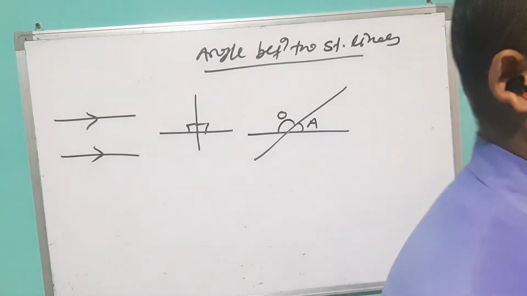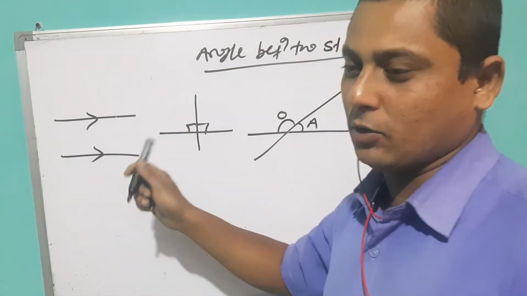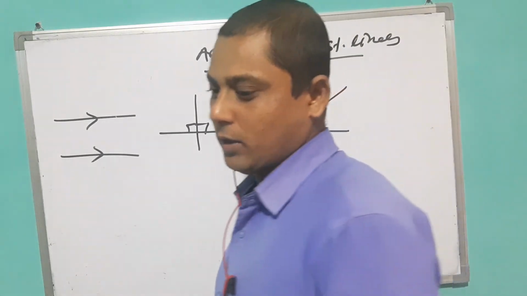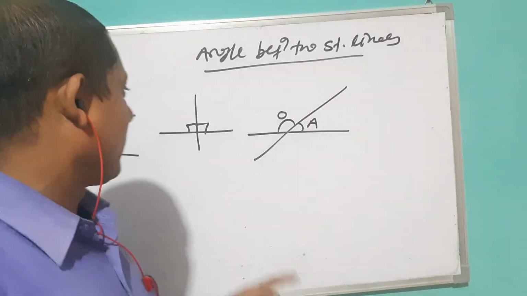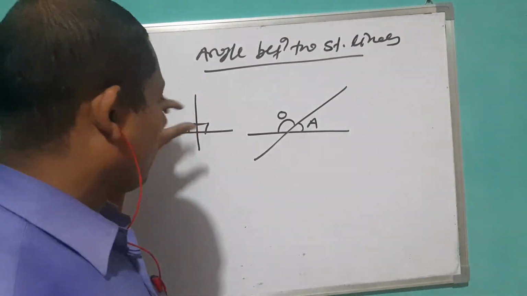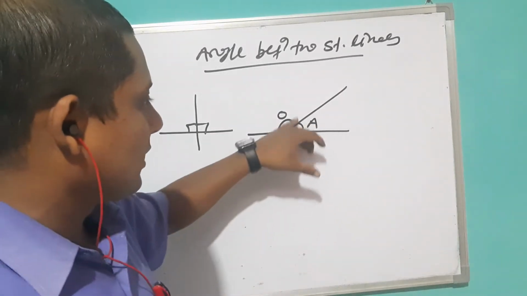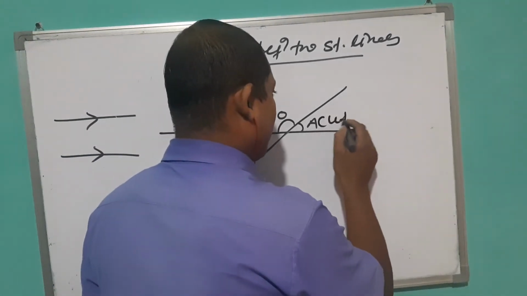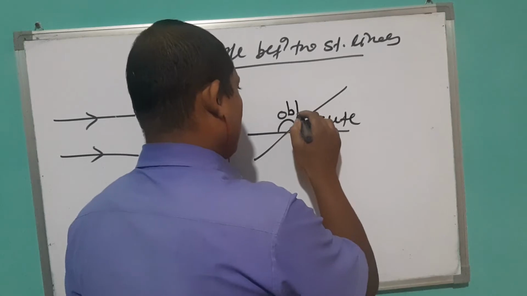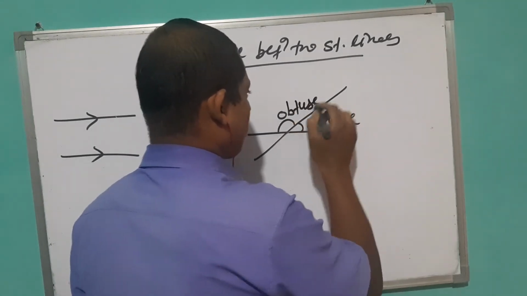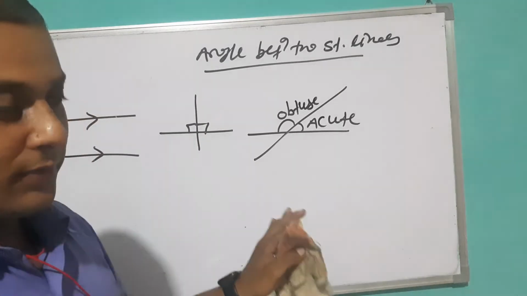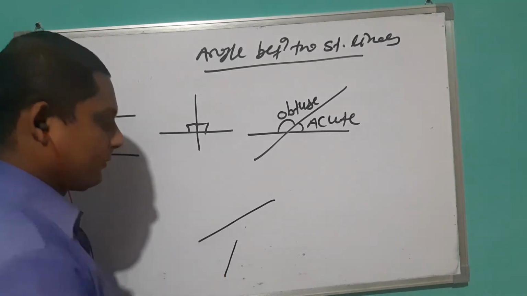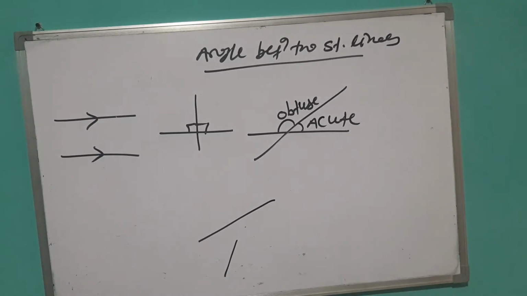Once again, if we have drawn two straight lines on a board or plane surface, or on your paper also, there will be three options only. Either you can draw parallel lines, or perpendicular lines, or you can draw intersecting lines in such a way that one side makes an acute angle and the other side makes an obtuse angle. There is no fourth option. Suppose randomly I have drawn this line and this line. Then you can think which option I have drawn.